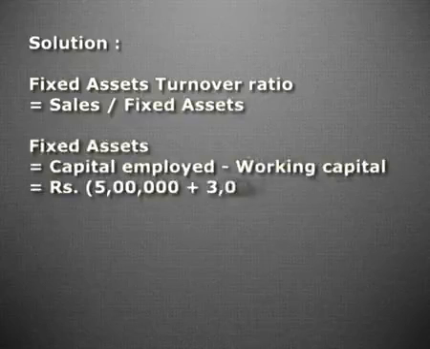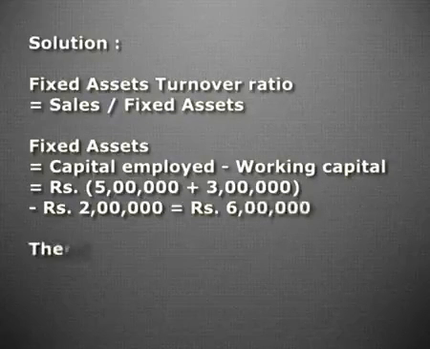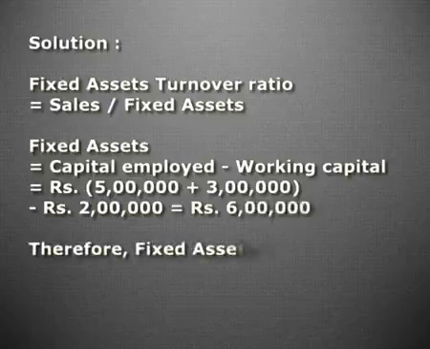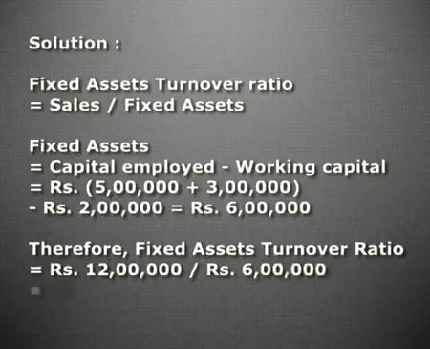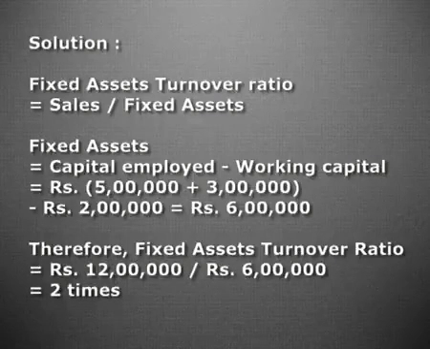Fixed assets is equal to capital employed minus working capital is equal to rupees 5 lakhs plus 3 lakhs minus rupees 2 lakhs is equal to rupees 6 lakhs. Therefore, fixed assets turnover ratio is equal to rupees 12 lakh divided by rupees 6 lakhs is equal to 2 times.